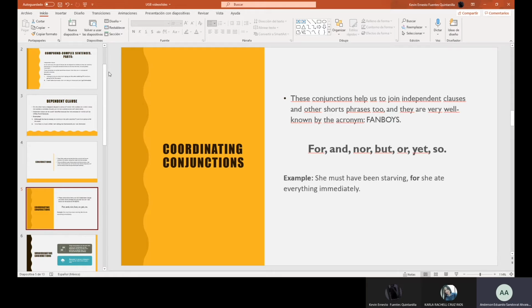And now we have an example. She must have been starving or she ate everything immediately. We can see we have to use one conjunction and in this case it is for.